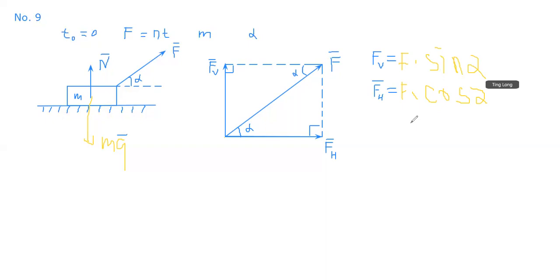Yes, okay, good. This is correct. And the condition of taking off is FV is equal to mg. This is the condition.